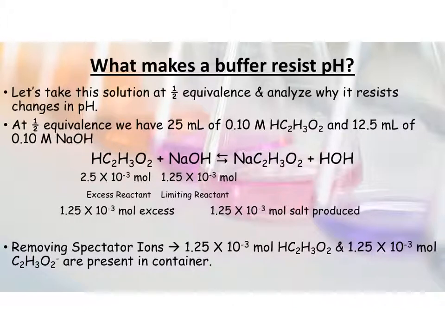So here you see I've kind of set us up a little calculation. Basically, we've got our 25 mils of our acid and then 12.5 mils of the NaOH, which is the volume for half equivalence at this point. We see that the NaOH is the limiting reactant, so it basically goes away. And then our remaining amounts of acid and conjugate base are equivalent.